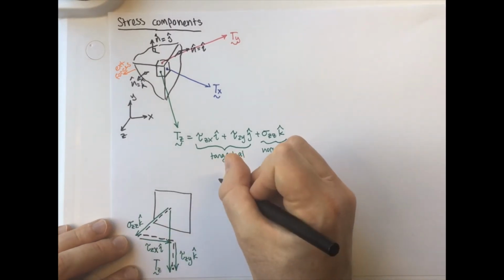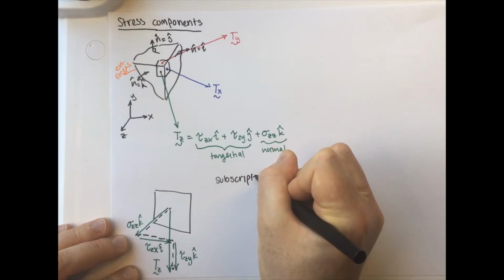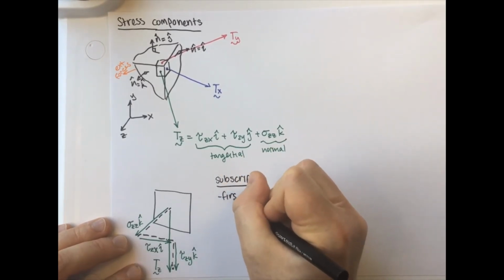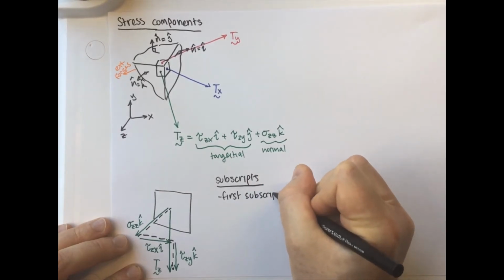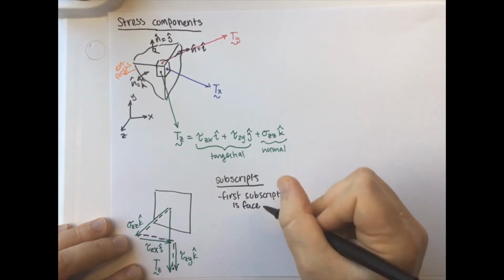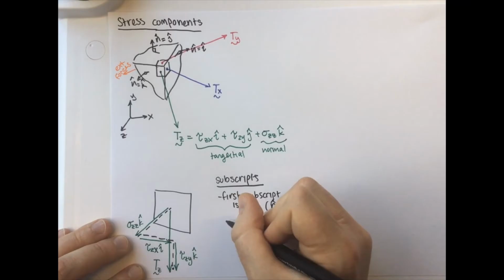And just to think about subscripts here for a minute. So the first subscript is the face, and so this is really thinking about what direction n is in.